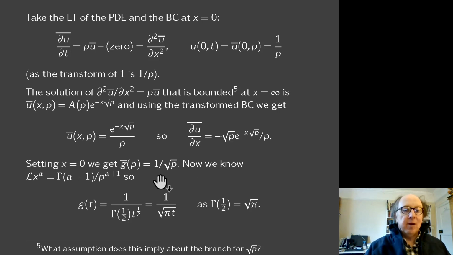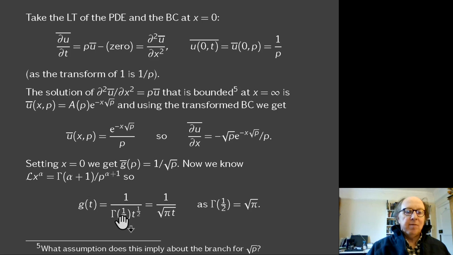But we recognize this. We know that if you take the transform of t to the alpha, you get gamma of alpha plus 1 over p to the alpha plus 1. So we just turn this round. What is the function that transforms to give you 1 over root p? You need to put alpha as minus a half, and you get g of t is 1 over gamma of a half, t to the minus a half.